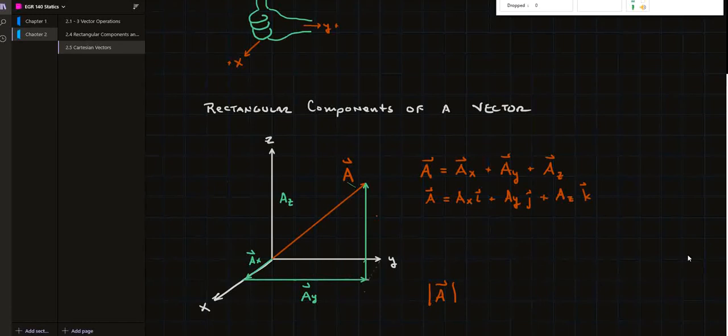So the overall magnitude of the vector A is just going to be the square root of those coefficients squared: AX squared plus AY squared plus AZ squared.